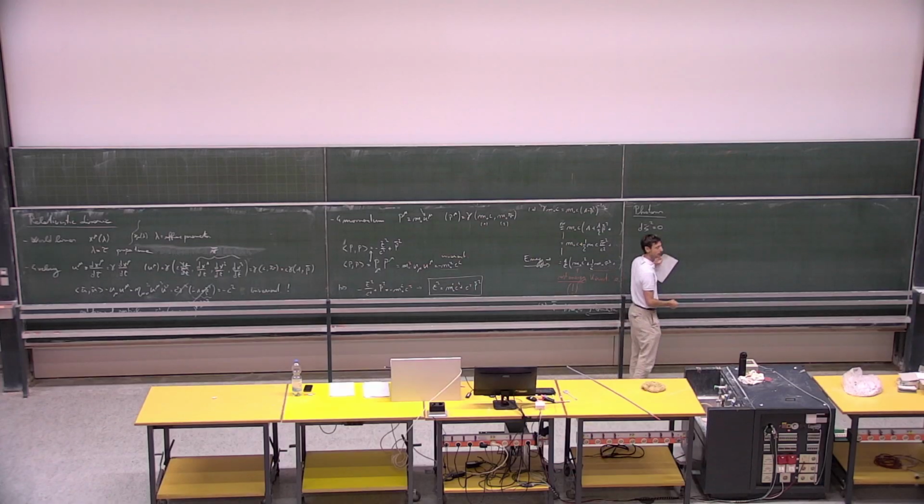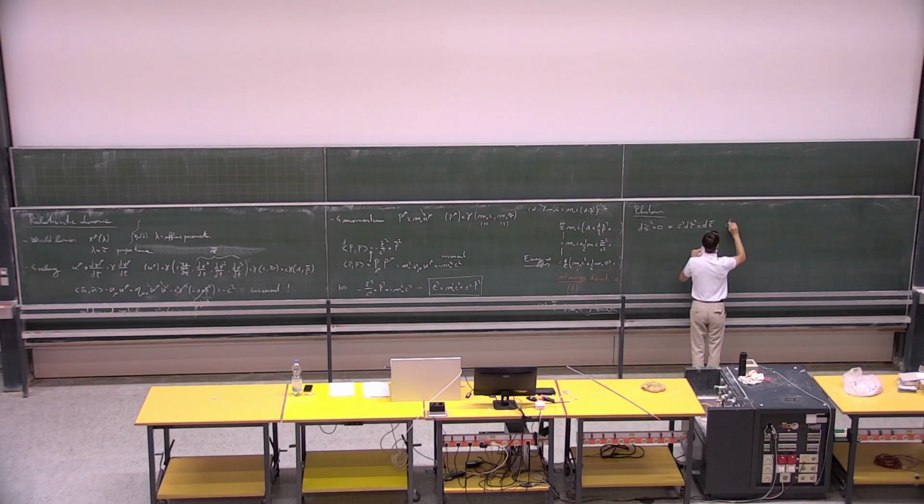How is the proper time defined? If I have c squared d tau squared, in the rest frame of the particle, we have this expression. But that's equal to 0. Right? Therefore, d tau squared is equal to 0.